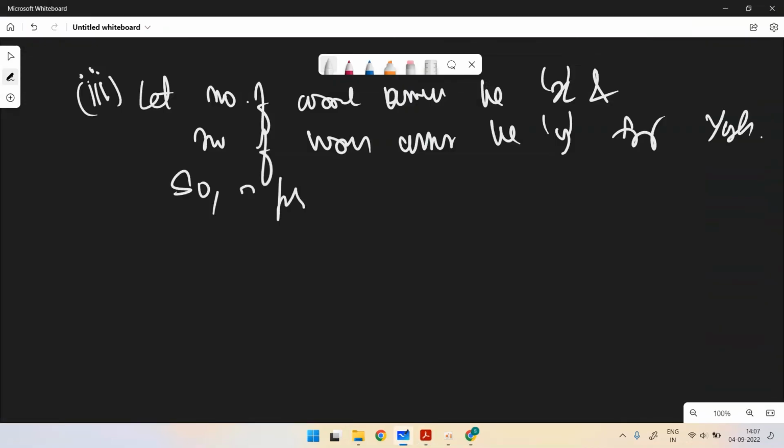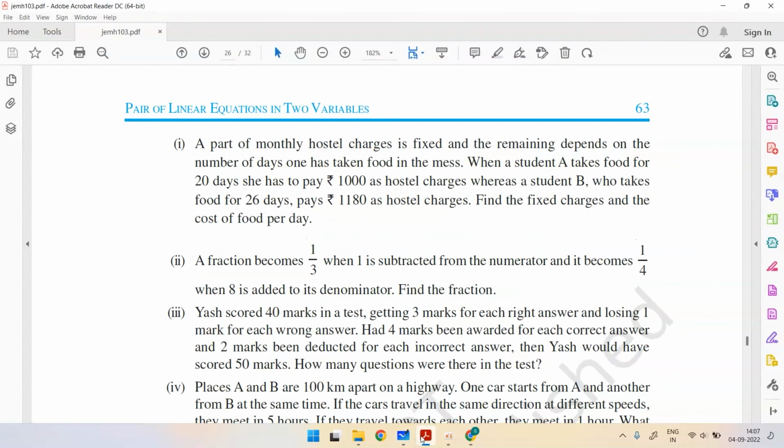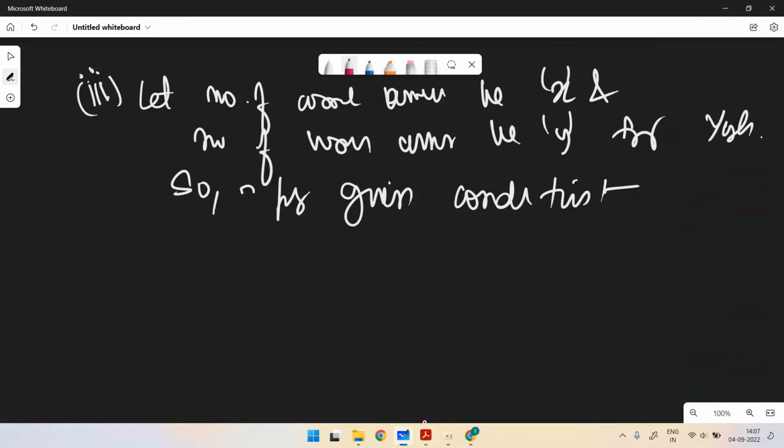As per the given conditions, he got 40 marks, with 3 marks for each right answer and losing 1 mark for each wrong answer.